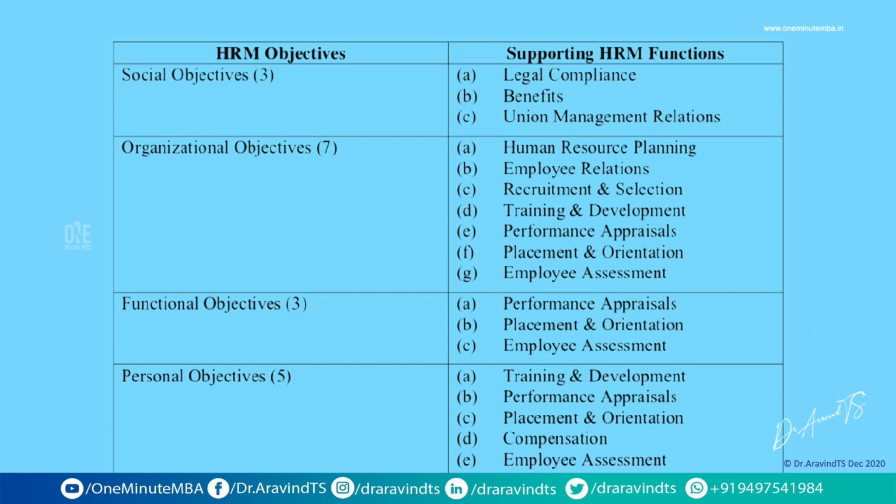Let us discuss the objectives versus functions of human resource management. On the left side, you can see human resource objectives. On the right side, you can see the supporting human resource management functions.